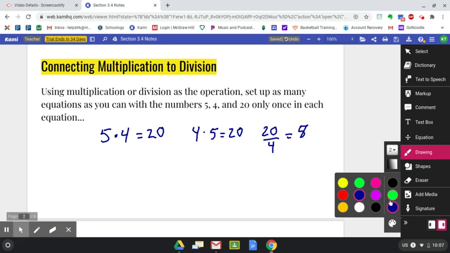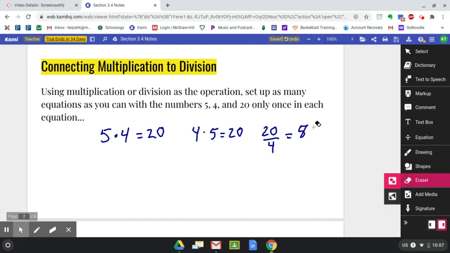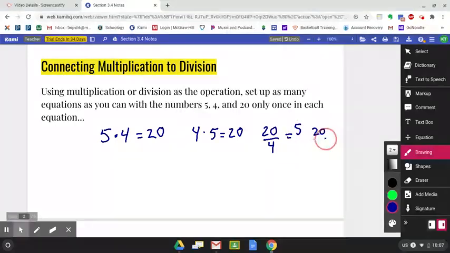Whoa. A little crazy there. Let me back that up. Equals 5. And 20 divided by 5 equals 4. So those are the equations that we can write using multiplication and division to relate these numbers.